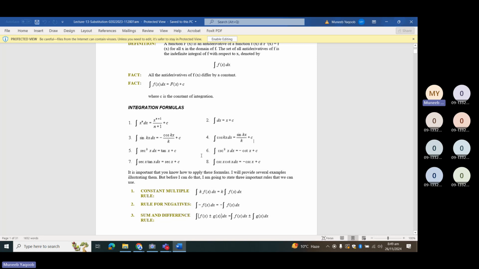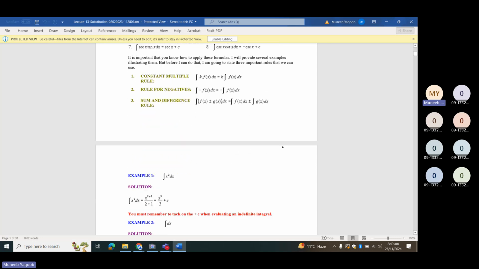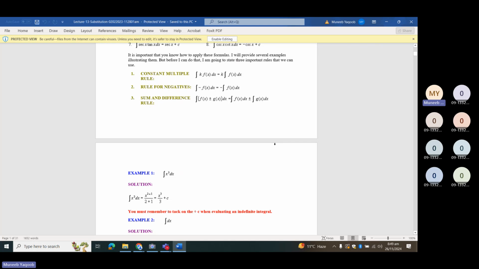Mostly, if we differentiate a function and get a particular function, then the integral of that particular function is the given function which we differentiated at the first step. Okay, so that was a revision of some basic formulas.